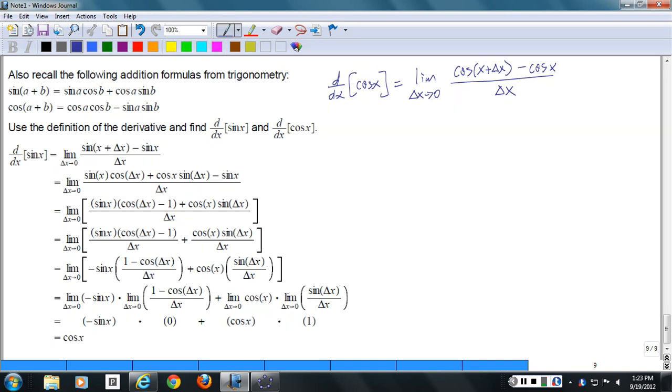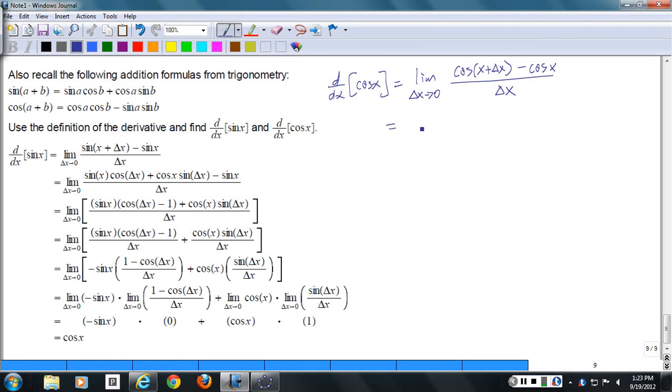So the derivative of sine x, derivative of cosine x, we're assuming that they're measured in radians. So if the angle is measured in degrees, we're going to be off by a factor of pi over 180, 180 over pi, something like that. So in order for these derivatives to work out just right, the independent variable must be measured in radians, not degrees or some other manufactured contrived unit.